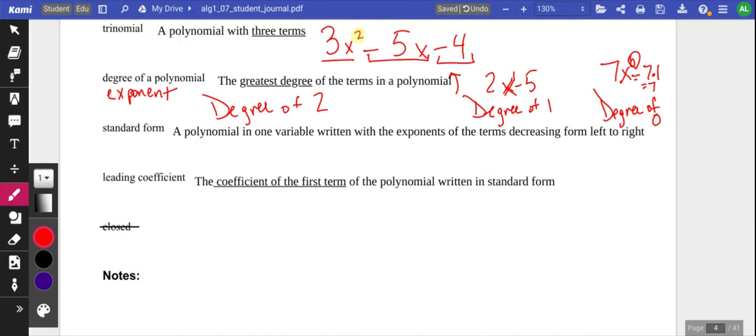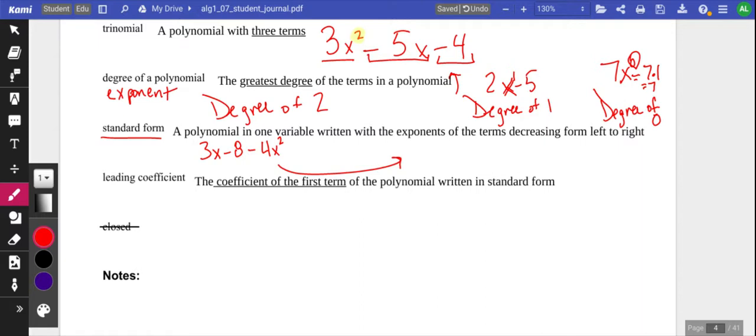Right? And then standard form, if I say put that polynomial in standard form, I'm really just saying put all the terms in order from highest exponent to lowest exponent. So if I give you like 3x minus 8 minus 4x squared, I say put that in standard form.